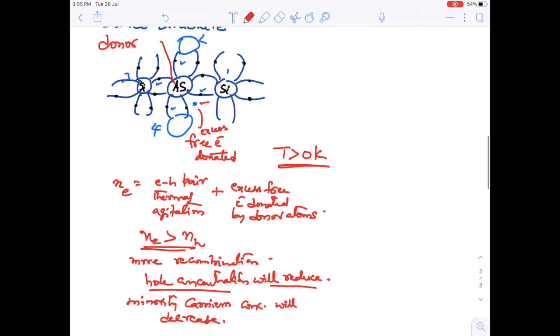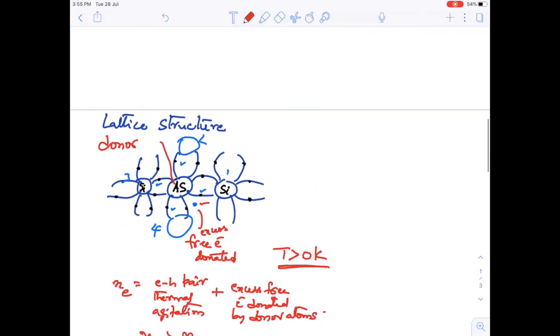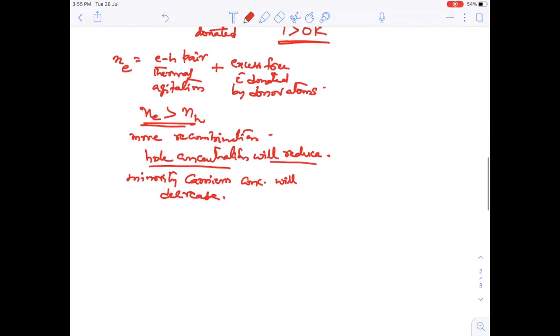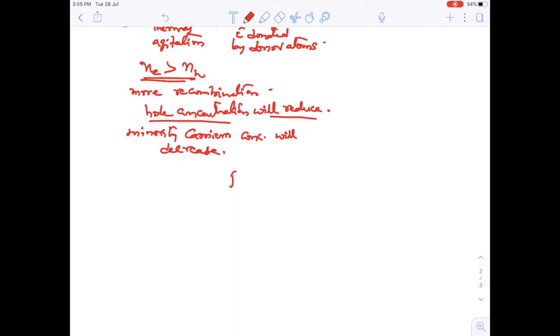Now, let us see P-type. So, this is N-type. Now, let us see the same structure of P-type. If you consider the lattice structure once again, what kind of atom are we going to add?